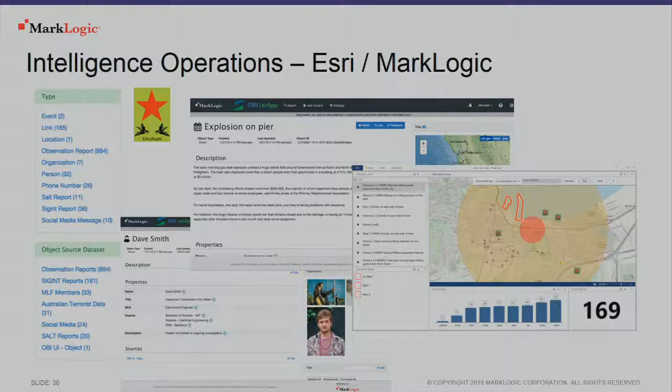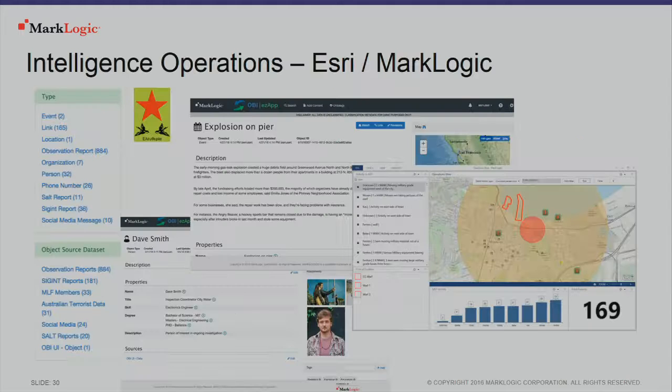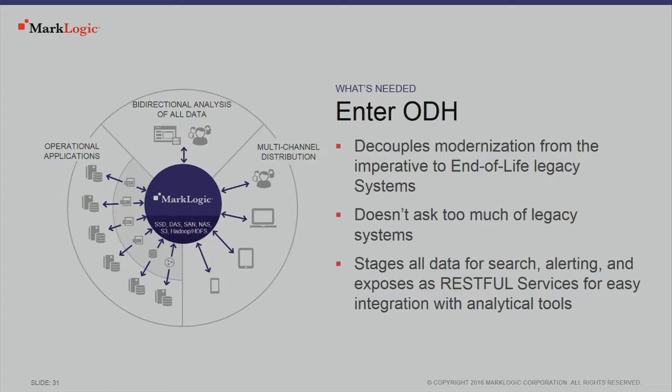When you look at what we've done, we've provided users with an ability to do faceted search, to be able to build intelligence product, bring it into a GIS capability, and visualize it in a number of different ways by leveraging information that was both in MarkLogic and in other areas.